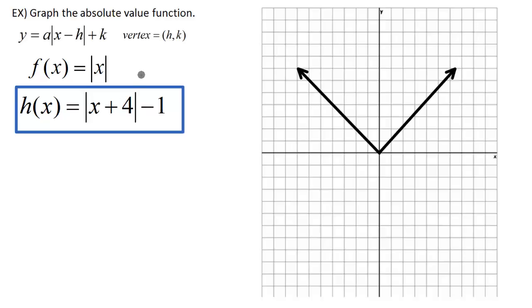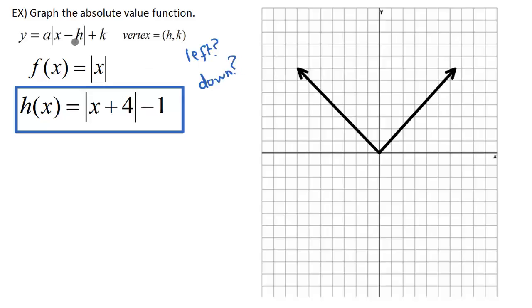In our last one, we subtracted on the inside of the absolute value, so that shifted it to the right. So if we're adding it, it probably is going to shift it to the left. So I'm just going to make this guess here. And then on the last one, we added on the outside, which shifted our graph up, but since we're subtracting, I'm going to just guess that we're going to shift down. So I'm thinking maybe left and then down.